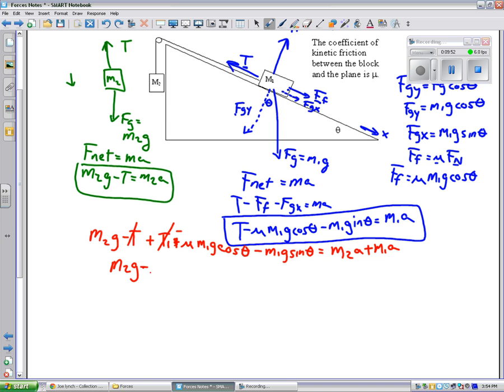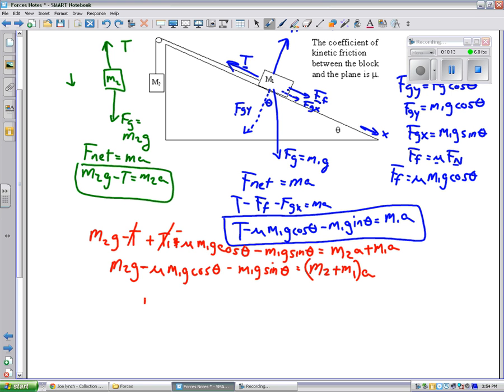Minus mu M1G cos theta minus M1G sine theta equals M2 plus M1 times A. I'm going to factor an A out of this side. When I'm solving for A, I would just divide by the M2 plus M1.